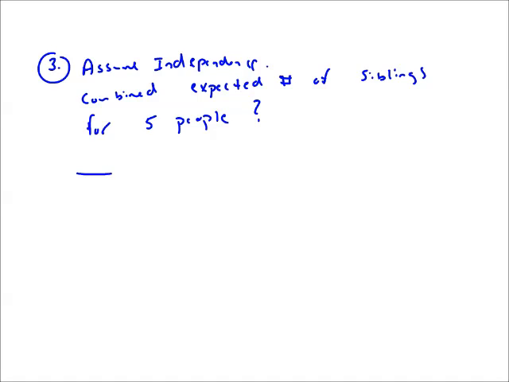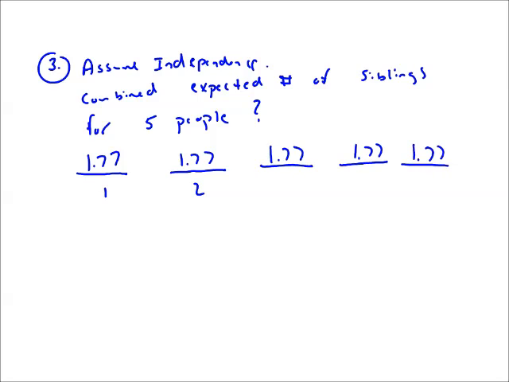Well, what's the expected for 1? 1.77. Well, it's independent, so the next one is 1.77. Next one is 1.77. Next one is 1.77. Next one is 1.77. Now, we actually don't multiply these because this is not probability. It's expected.